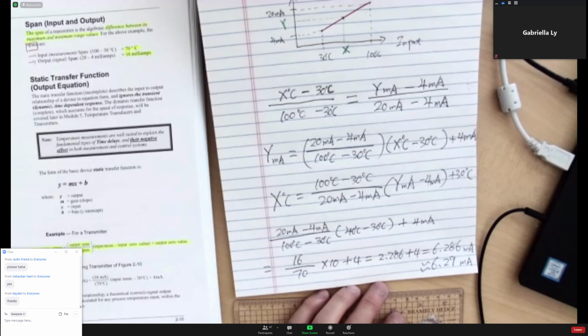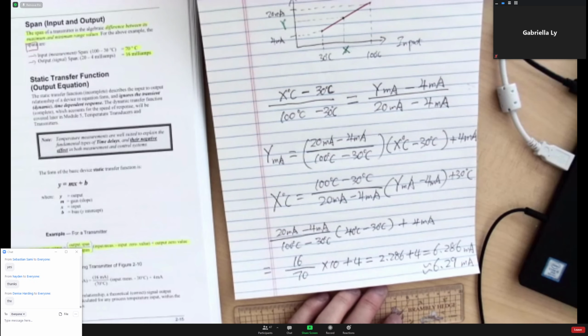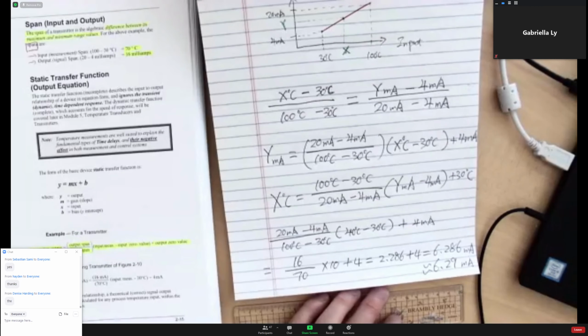That's good. So the next one you're going to calculate is 64 degrees. Now you're going to try it at 64 degrees. What's going to be the output current?